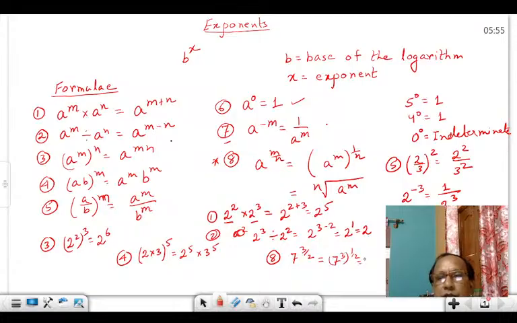Half means square root, that is square root of 7 to the power 3. In this way, we can write this formula of 8. In this way, you can write all the formulas. Suppose I am writing in this form, that is a to the power m by n. Suppose there is a number. You see here, suppose I am writing here, there is a number.